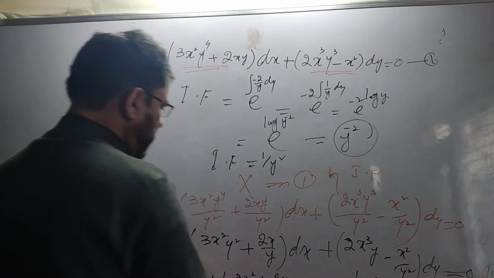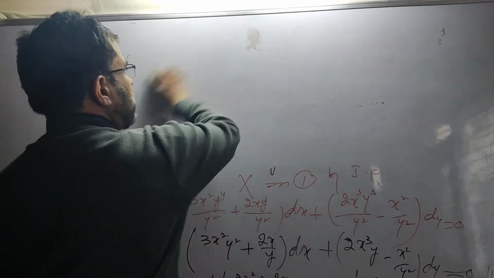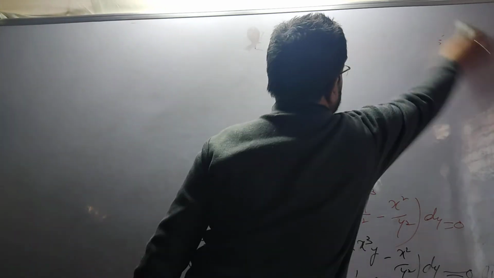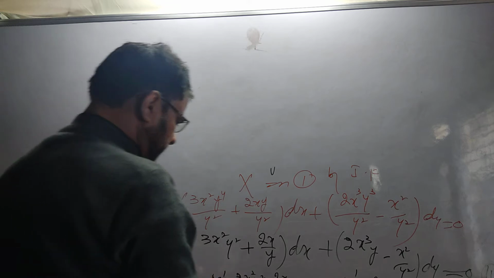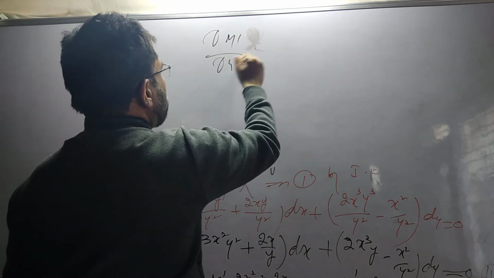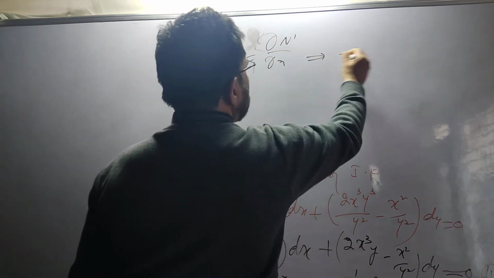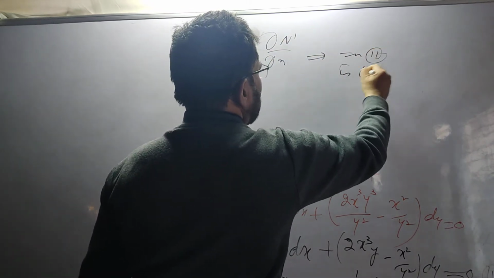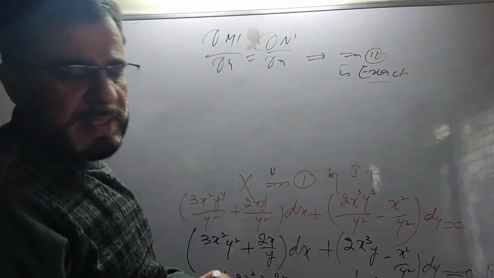So partial of M dash with respect to y equals partial of N dash with respect to x, which implies equation number two is now exact. The transformed equation comes out to be exact.